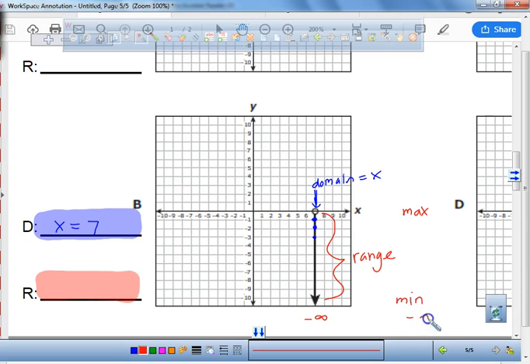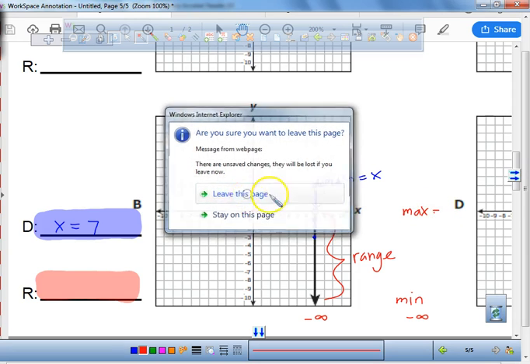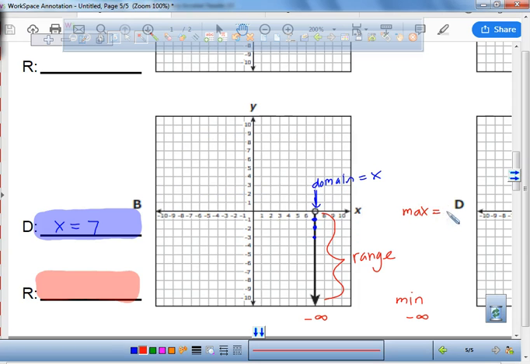So my minimum is negative infinity. It goes on forever, all right? Now, maximum. What's the highest that this graph gets but doesn't quite touch on the y-axis? 0. So my maximum is approaching 0 but doesn't quite hit it.